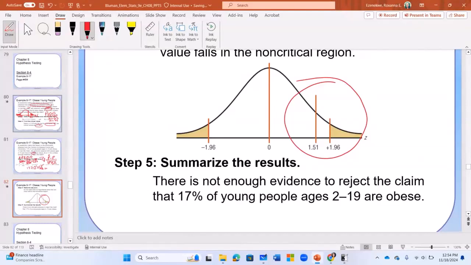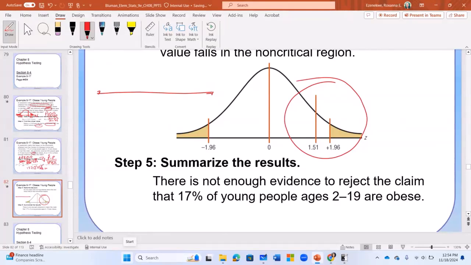Therefore, we accept the hypothesis, the status quo, that 17% of young adults are actually obese. It is true. All right, so we have to do something about it. Now, the next one is to do the same test using a confidence interval. Is it going to give us the same conclusion?